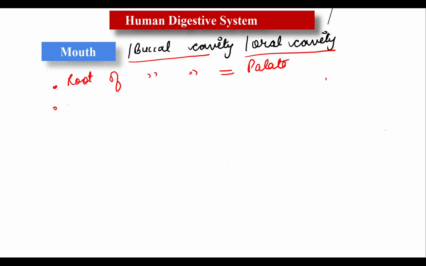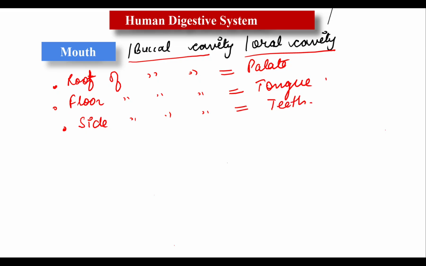The floor of the buccal cavity is formed by the tongue. The sides of the buccal cavity are formed by the teeth. Did you get my point? Imagine this is your mouth.